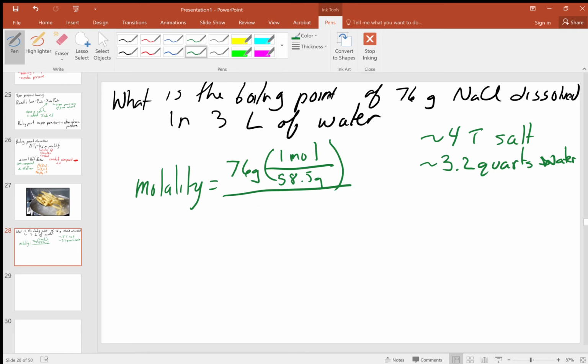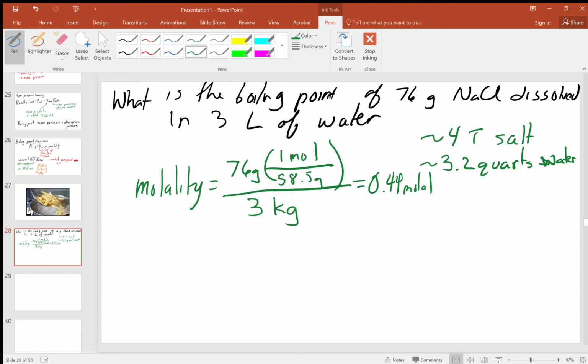For water, it's easy. We know 1 gram is 1 milliliter, and so that does extrapolate out to 1 liter is 1 kilogram. So we have 3 liters, we have 3 kilograms. And so we find our water is 0.44 molal.